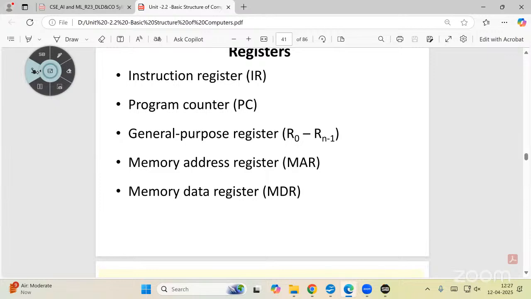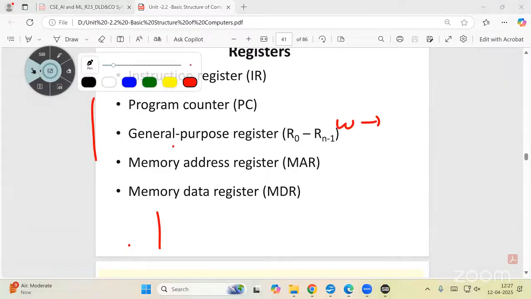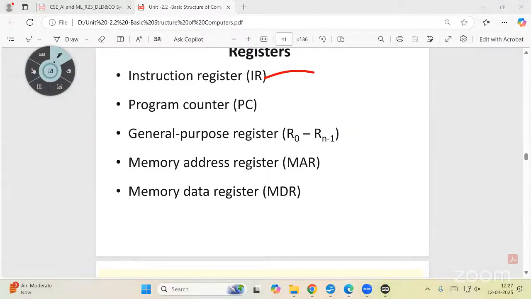Memory address register and memory data register. Instruction register is one instruction. Don't get confused between these two registers.